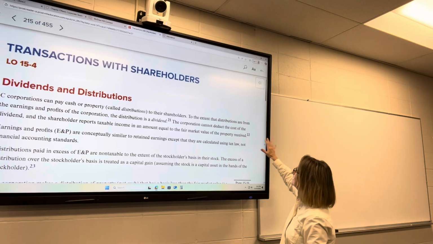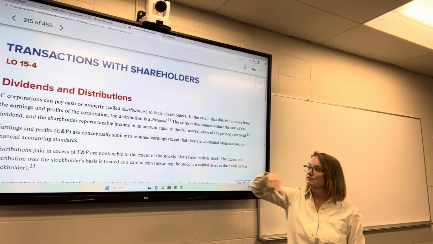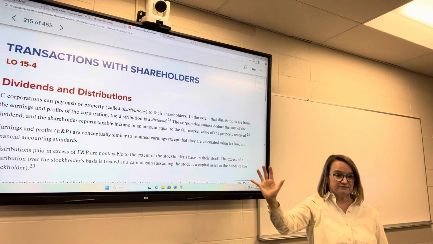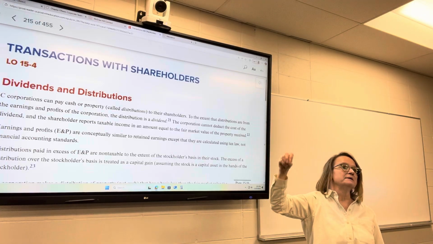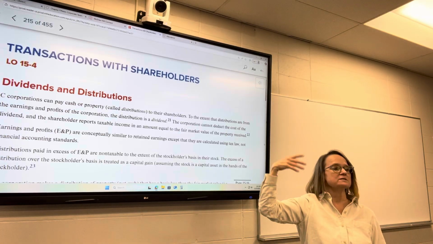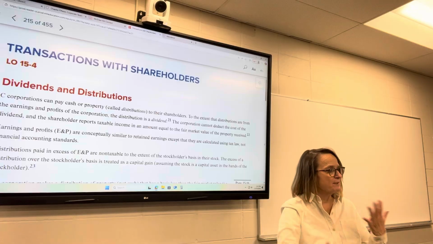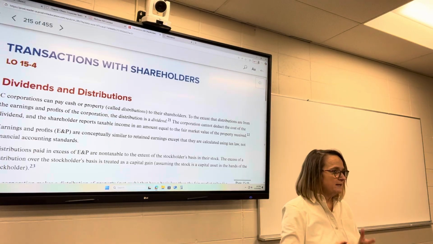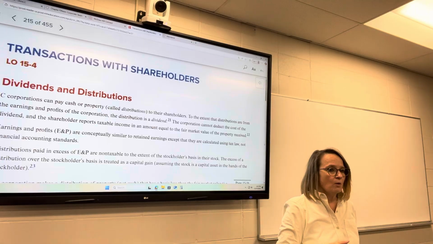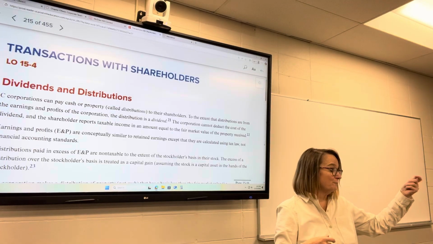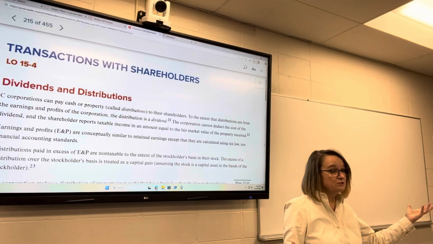To the extent that those distributions are from the earnings and profits of the corporation, it's called a dividend. That means the income, the funds to fund the dividend, have been generated through operations. It's not that they borrowed money to pay a dividend, or sold more stock to get cash in to pay out dividends, which companies do.